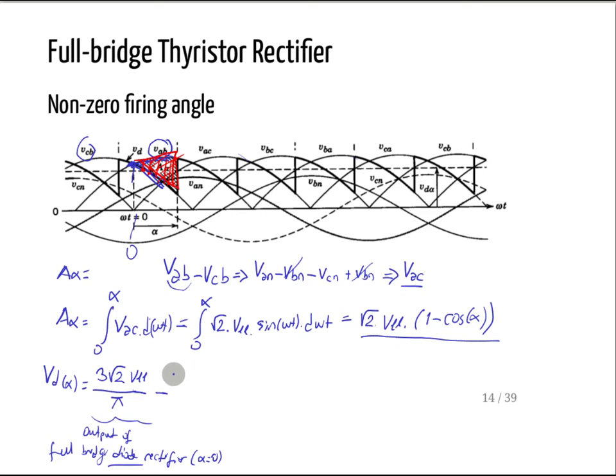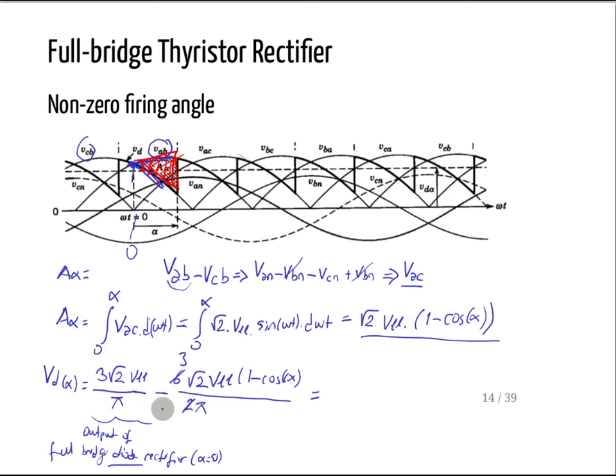So you are going to get square root 2 VLL times 1 minus cosine alpha, 6 times divided by 2 pi, right? And actually that one cancels, so you have 3.